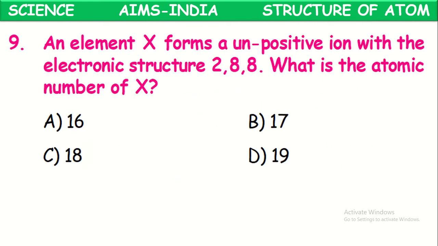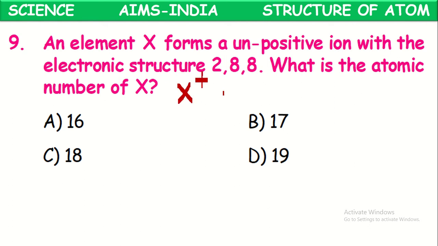Next, an element X forms an unipositive ion with electronic structure 2, 8, 8. What is the atomic number of X? So they have given the unipositive ion of X, the electronic configuration of unipositive ion of X, that is X plus.